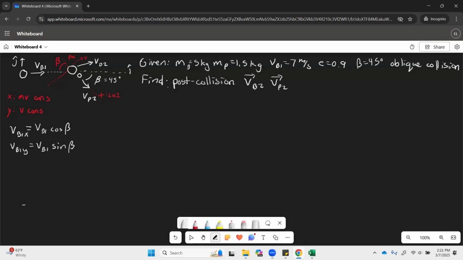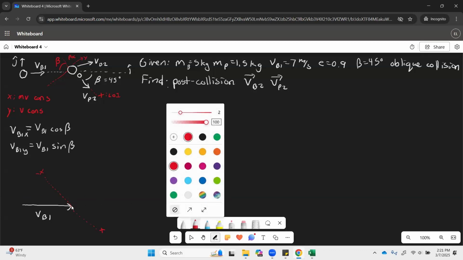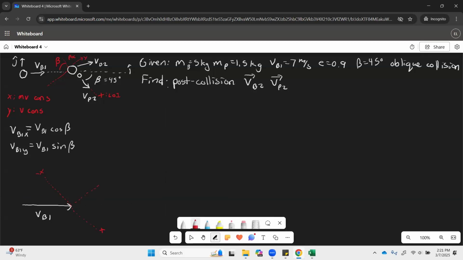So we've got VB1 coming in this way, and then we've got our x direction going that way. So this is positive x, this is negative x. We need to break up our VB1 into the sine and cosine, and this way is the y direction. And so here is negative y.